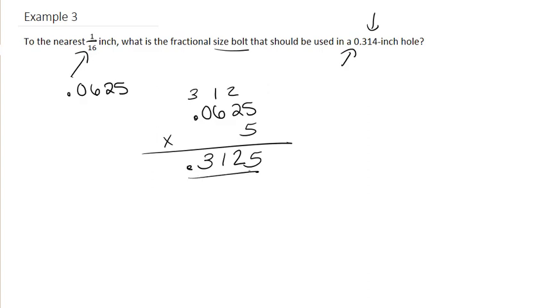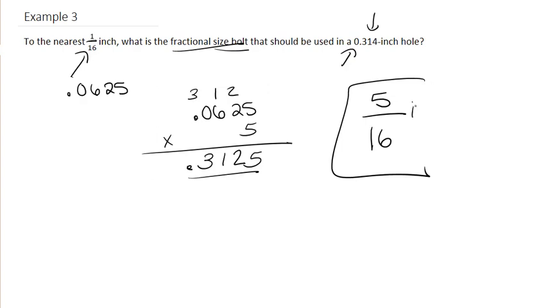So the fractional size bolt we would need is 5/16 of an inch. This is our solution, as it is the closest, and it should be used for a 0.314 inch hole: a bolt that is 5/16 inch.